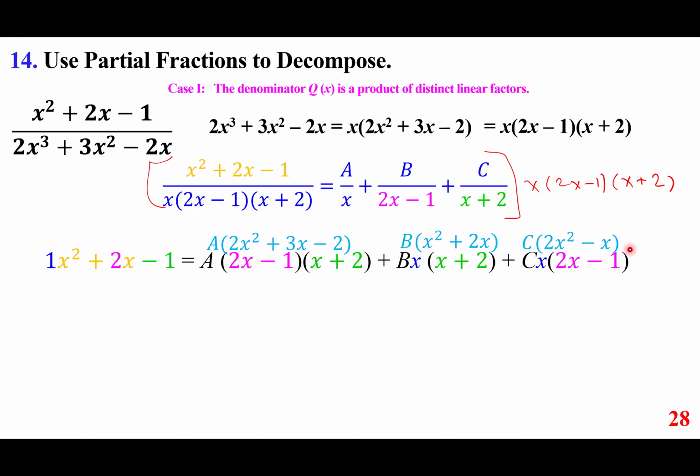Now, here's what I want you to notice. Concentrate on x squared. It's 2a times x squared, b times x squared, 2c times x squared. So if you concentrate on x squared, you get 2a plus b plus 2c.